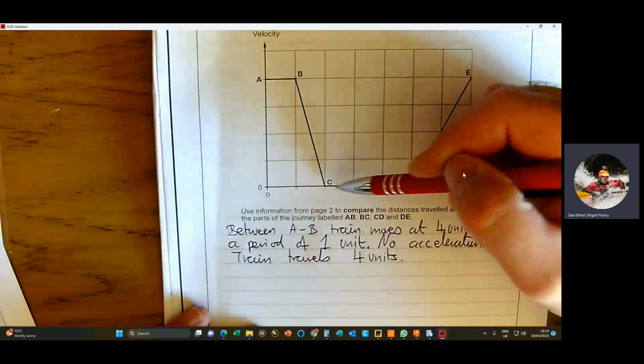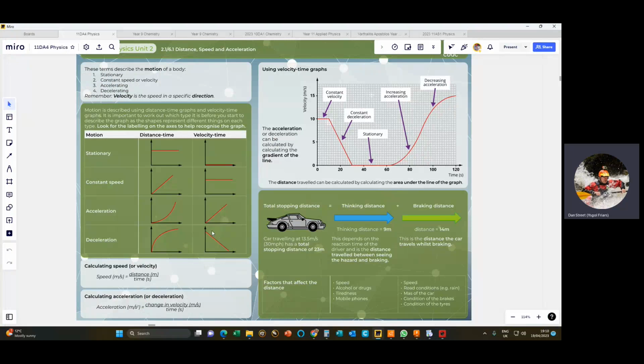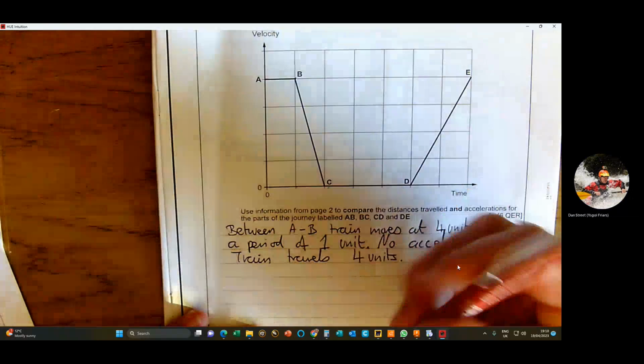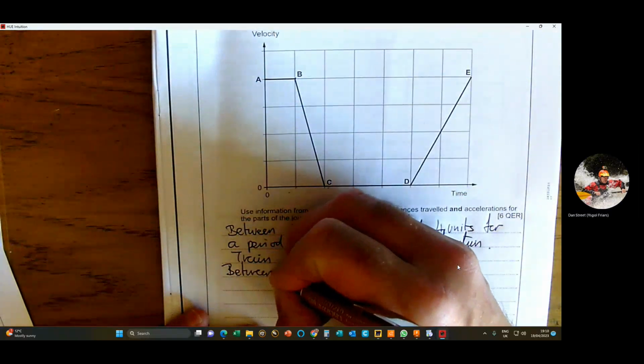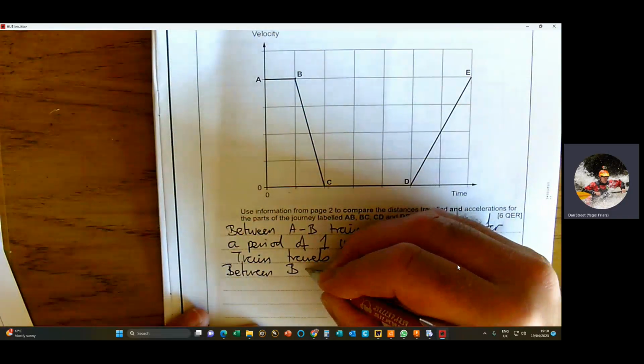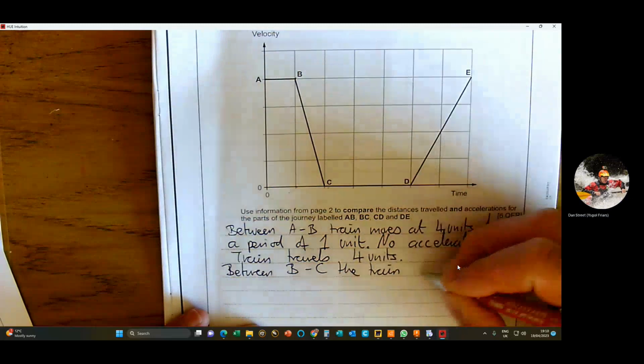Now, between B and C, if we briefly refer back, we can see that the train is decelerating, it's getting slower. So between B and C, the train decelerates.